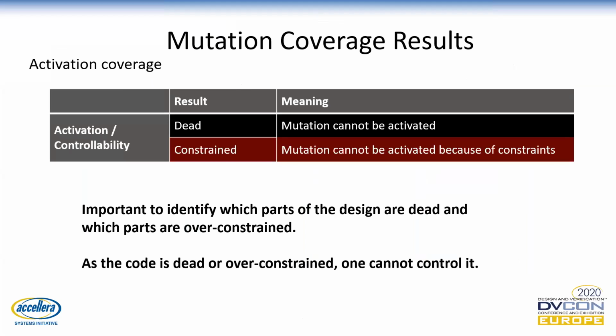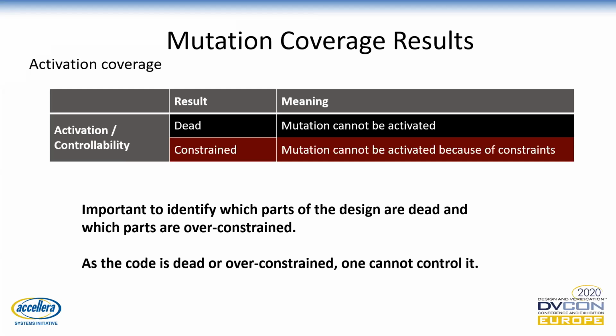All right, so now that we listed the advantages of Quantify, I would like to get into how this looks. I will touch on two aspects. One is the activation coverage, and when we talk about activation, there are two aspects where formal is very strong: the possibility to identify the dead code, and also the possibility to identify the over-constraining.